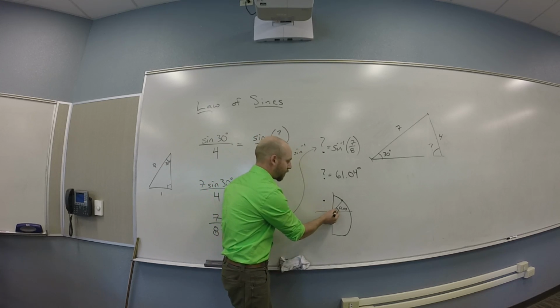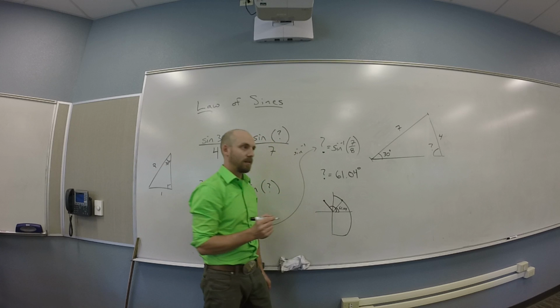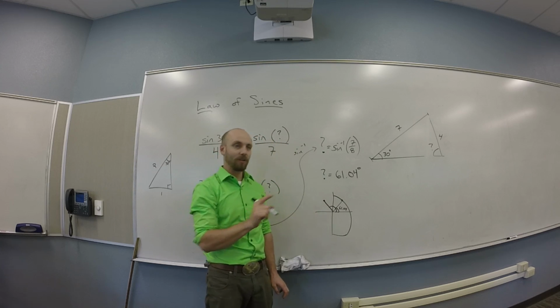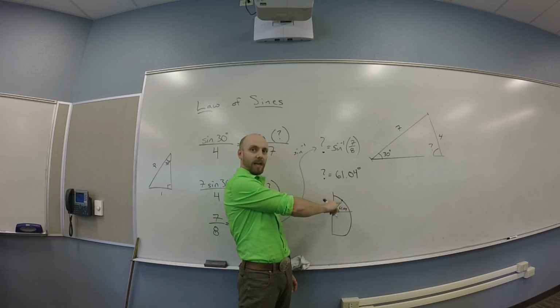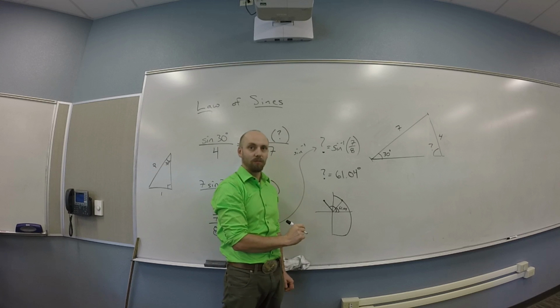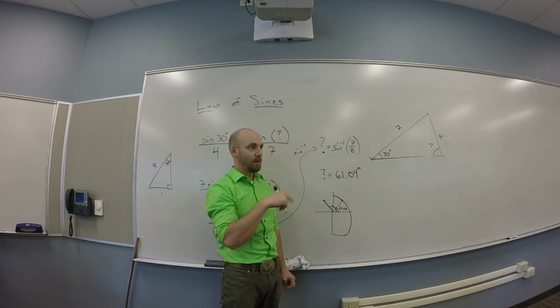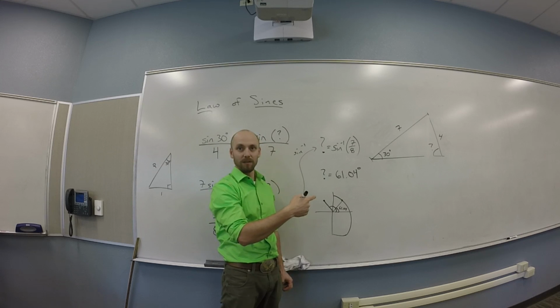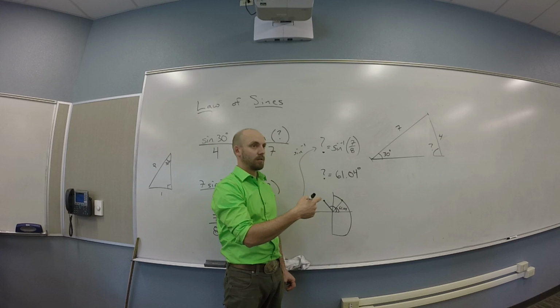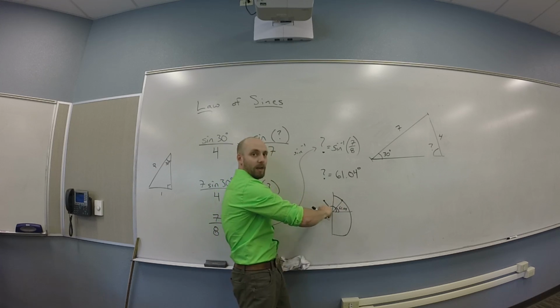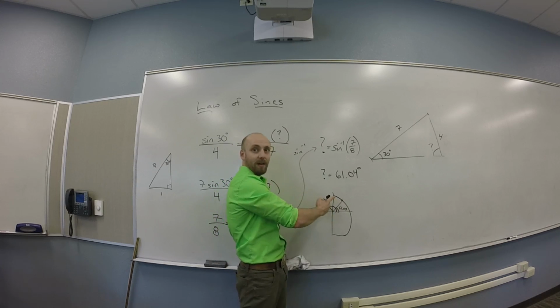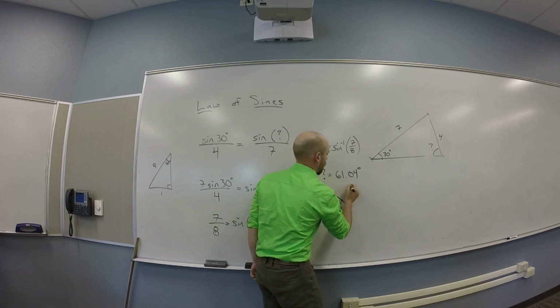What's the angle in the second quadrant that has the same sine as 61.04 degrees? 151.0. Good. 180 minus that. You guys see that? Right, I go 180 over, and then I back up that 61.04. 138.96.